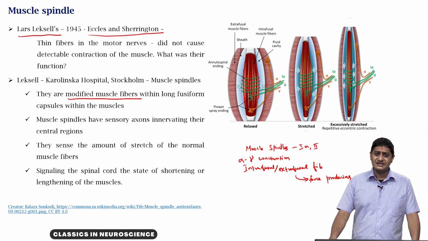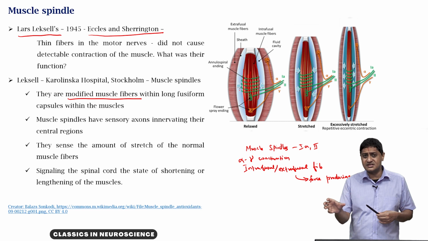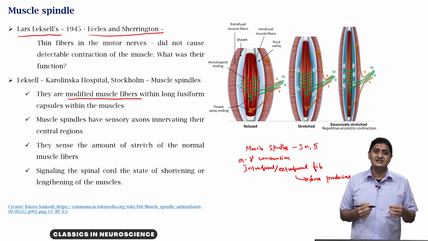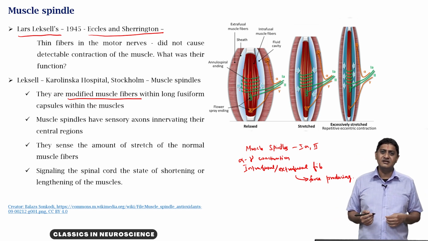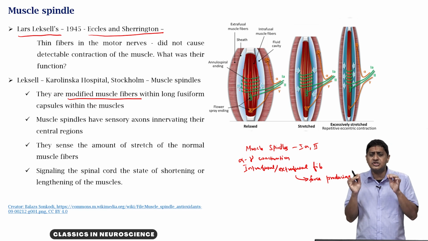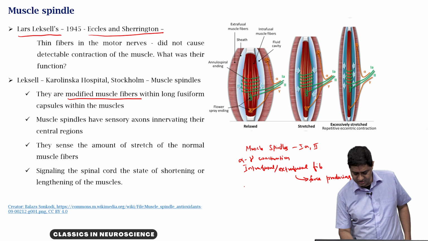These muscle spindles have sensory axons. So, when the muscle is being stretched, these intrafusal fibers will get stretched, and the sensory neurons attached to these intrafusal fibers will detect the change in length, or the stretch, and will carry this sensory information to the spinal cord and to the brain. An extraordinarily crucial function of proprioception. Do check this out.